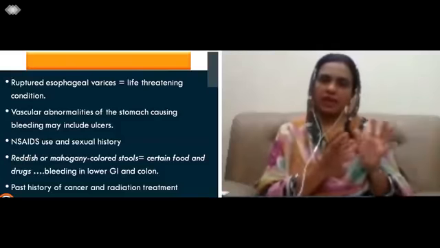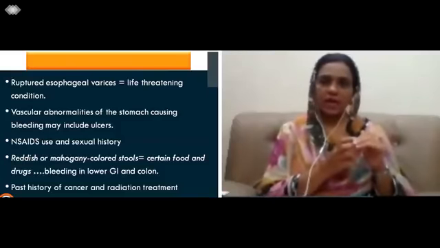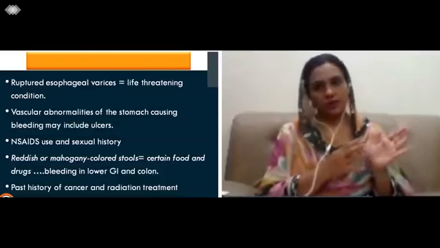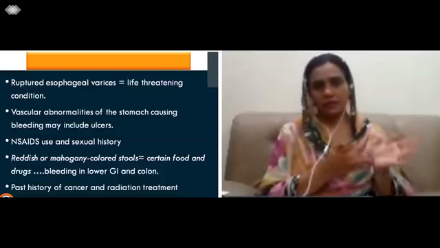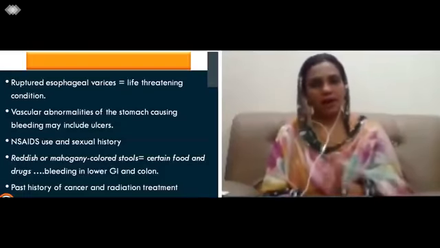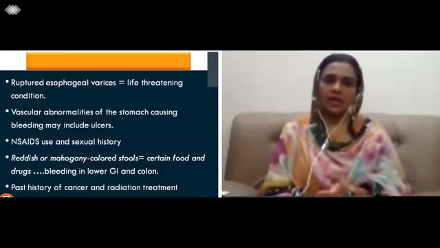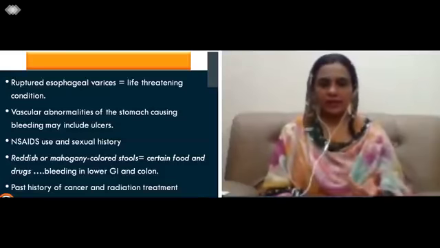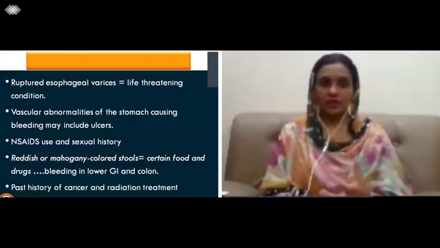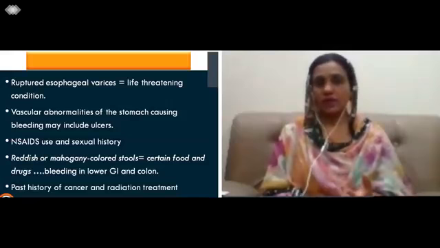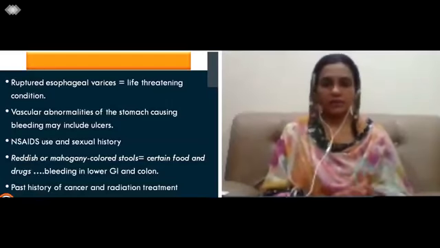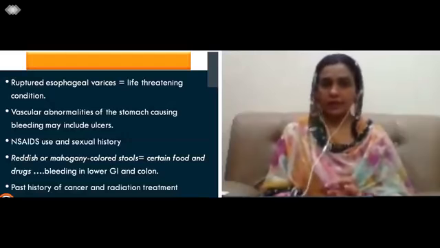If a patient has liver cirrhosis, then the blood cannot bypass the liver. Because the liver is cirrhosed, the blood is back pumped, and this causes fragility or rupture of the esophageal veins, and there are esophageal varices. This is a very life-threatening condition, and it is a reason for GIT bleeding.